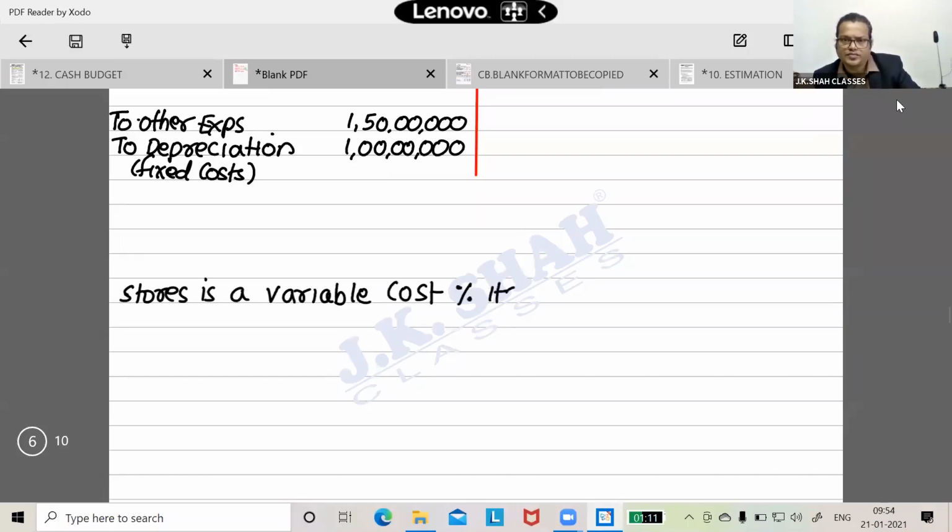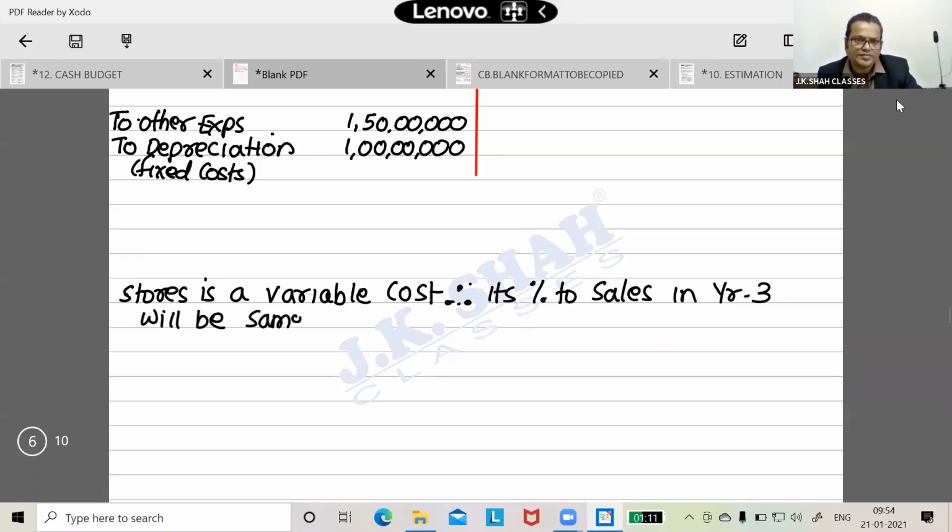Therefore, its percentage to sales in year 3 will be same as that of year 2.